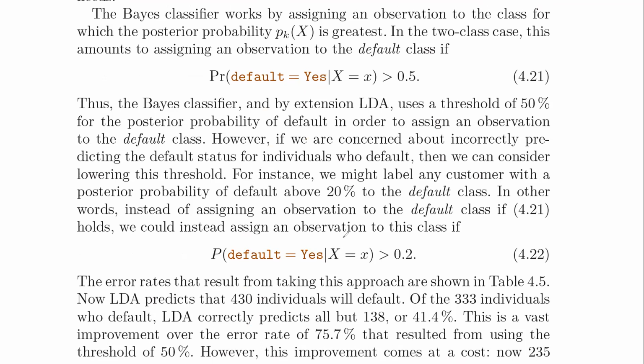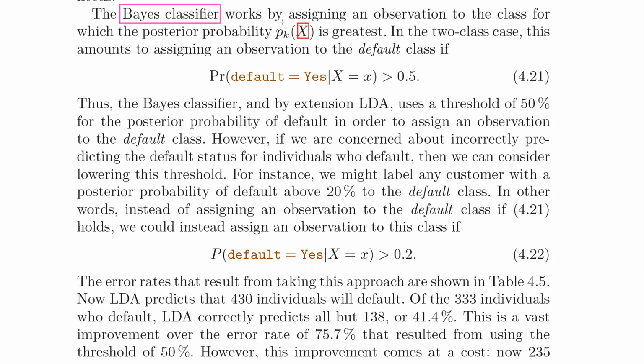Do you remember this? You give it an observation, meaning you give it the characteristics of that observation, for example student status and credit card balance. It's a two-component predictor variable.